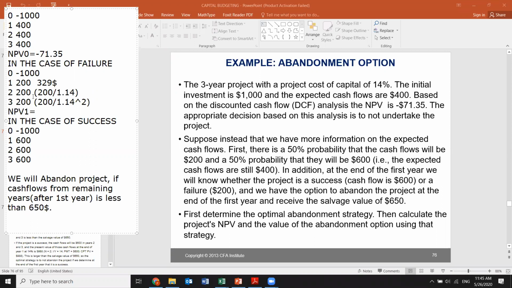Then we do the same thing for this. And we compare, we see that it is less than $650 salvage value. But it's not the case of making decisions. We need to calculate the overall NPV with the probability. And here we have 600 over 1.14 to the power of 2. Let me take it in the brackets.